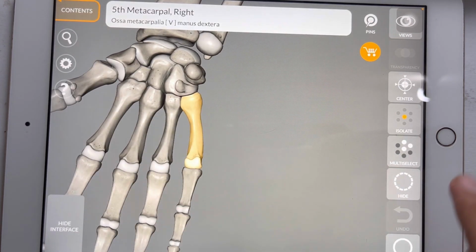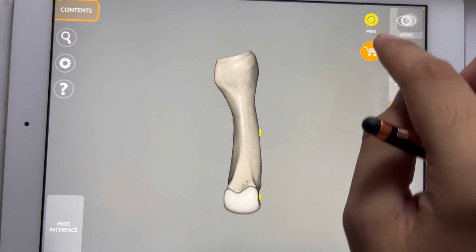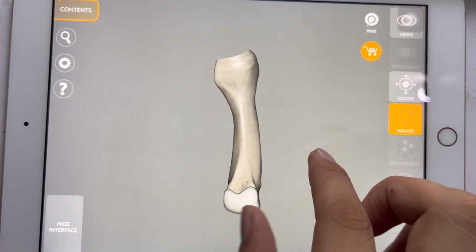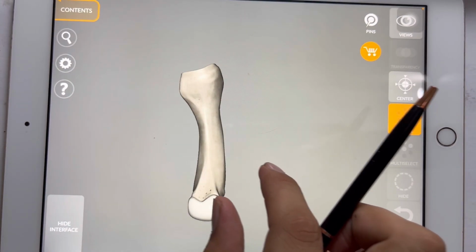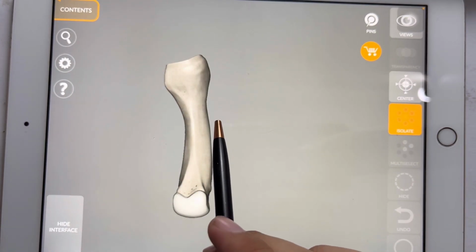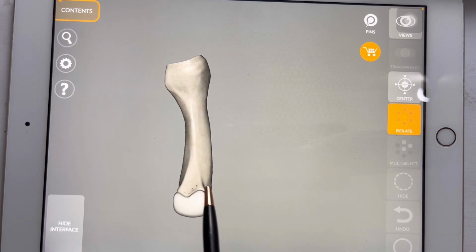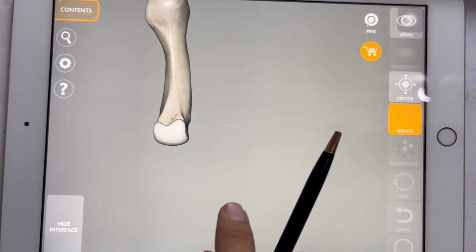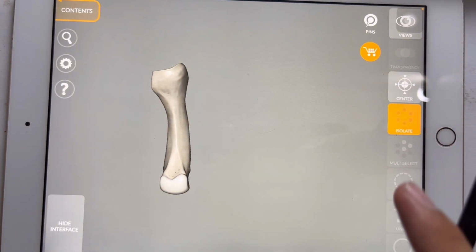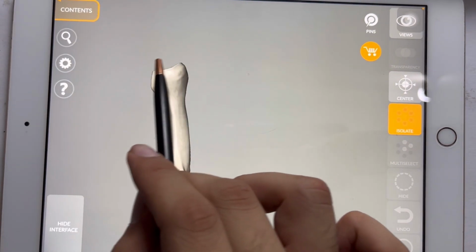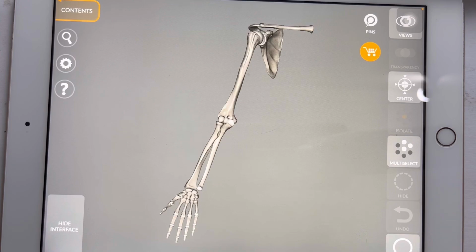Student, the bony features of the metacarpal bones are: proximally it has a round shape which is called the base, followed by shaft, and at the distal end this region is called the head. Student, all 5 metacarpal bones have the same feature.